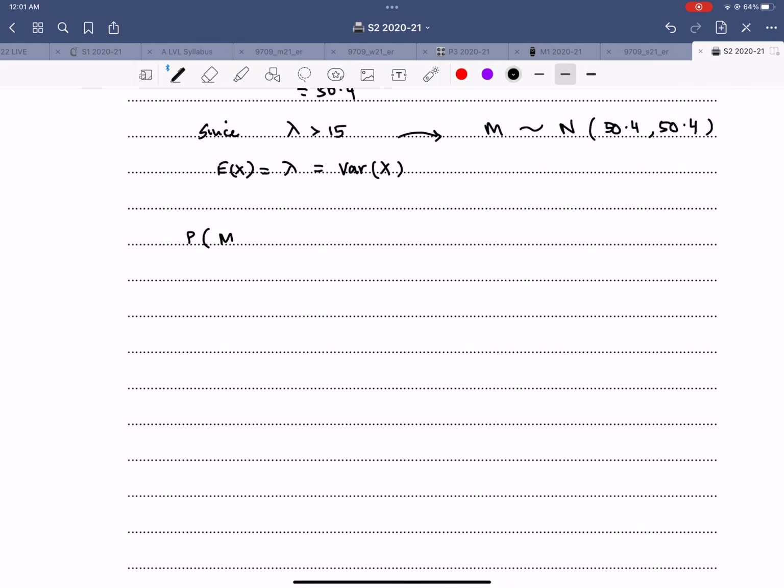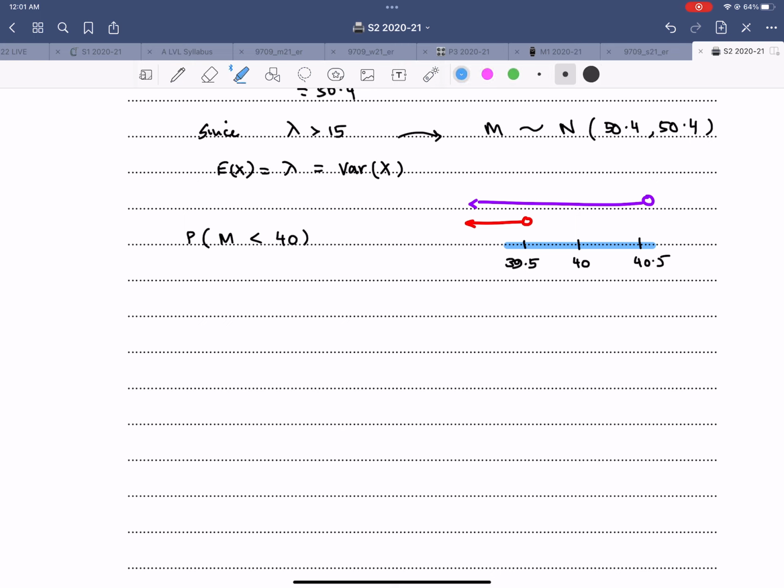What needs to be done? Continuity correction. So this is 40, this is 40.5, this is 39.5. 2 options are available. This is option 1 and this one is option 2. Since 40 is not included, so therefore the correct option that we need to use is 39.5.